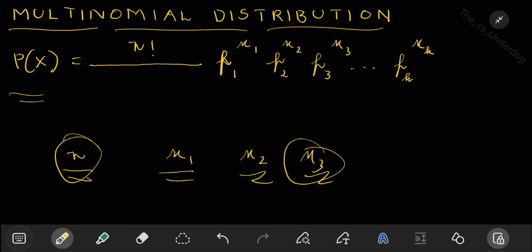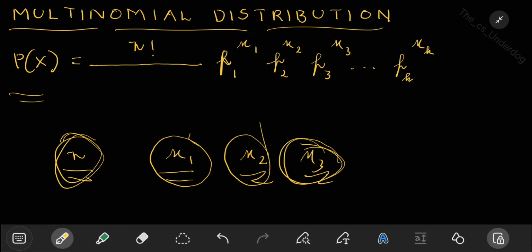So if I have, let's say, 3 items of the type x3 and I keep 3 items here, instead if I keep this item here or this item here, these are all the same arrangement, because all those 3 items are one and the same. Whether you keep the first one on the left or the last one on the left, no one is going to notice. So here you know that out of the n items, x1 items are of the same type, x2 items are of the same type, x3 items are of the same type.